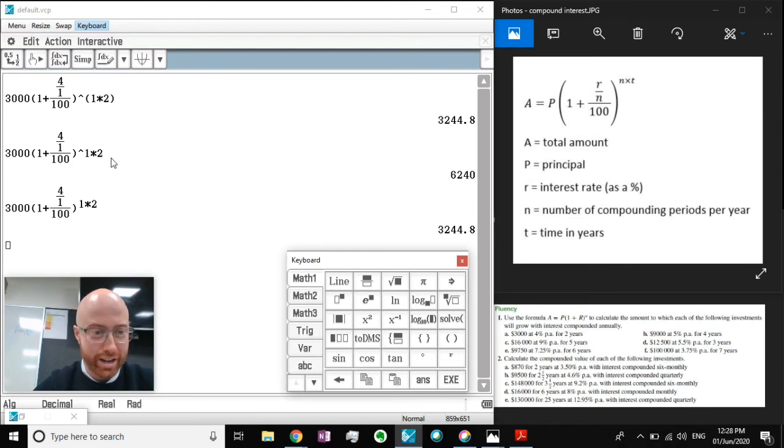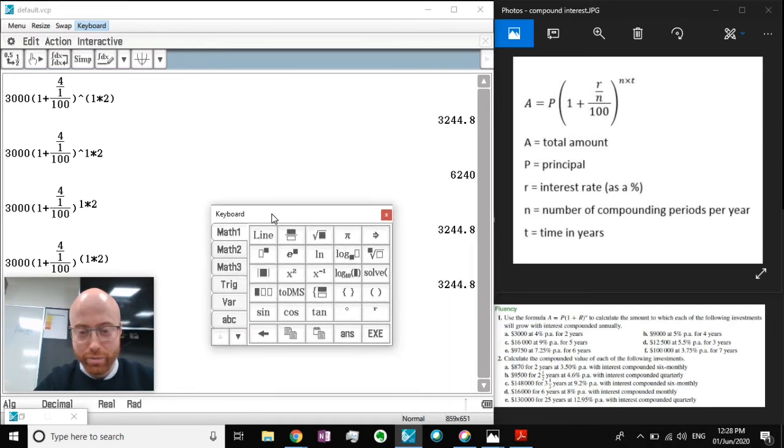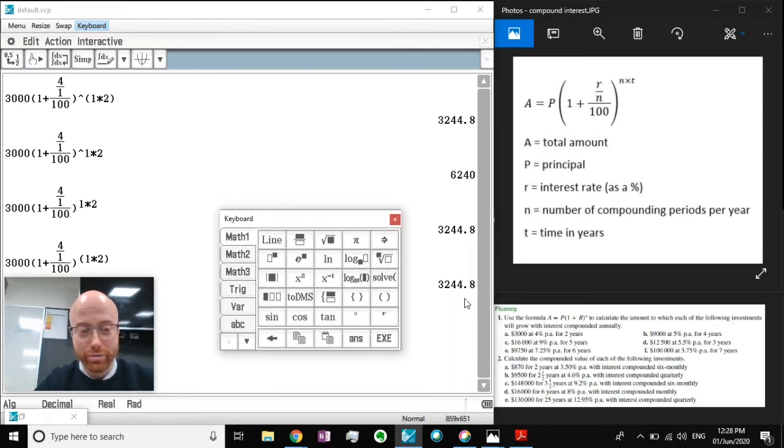Just know that that needs to be bracketed. I think the safest thing to do would be to always bracket it, and then you'll always get it correct. Because this one is correct too. So yeah, just to be safe, always bracket that thing in the power.